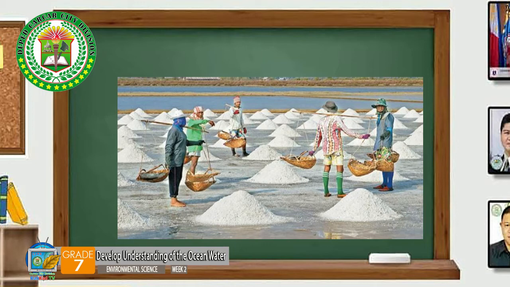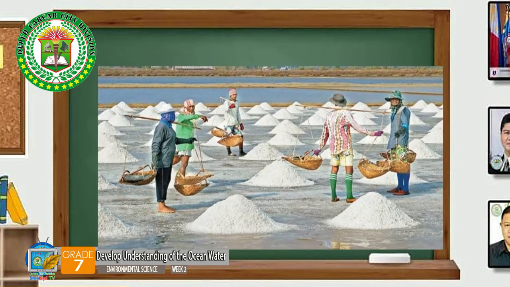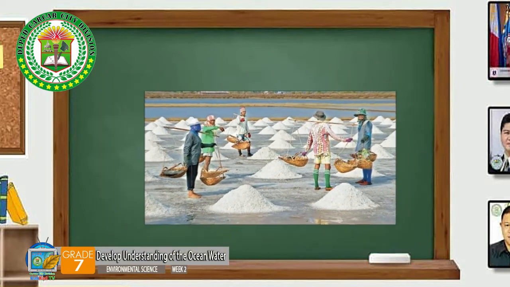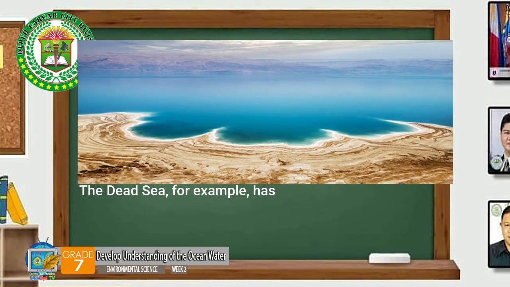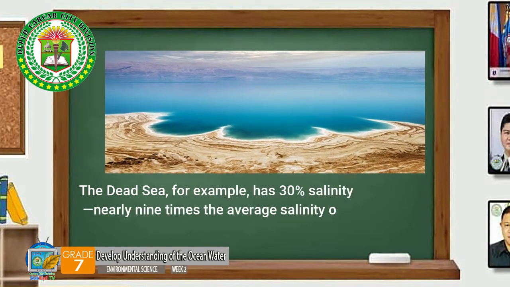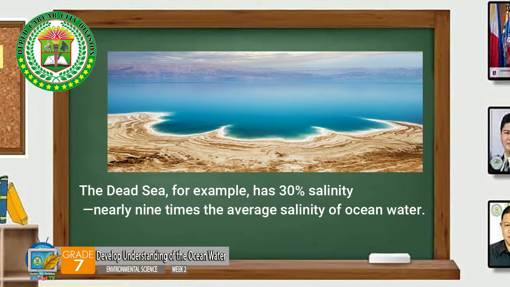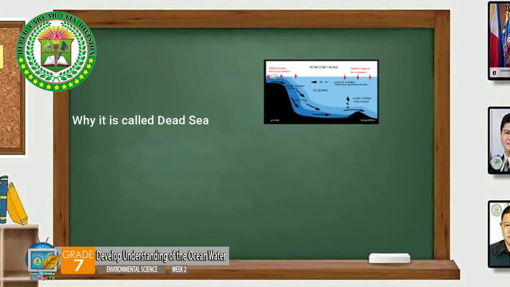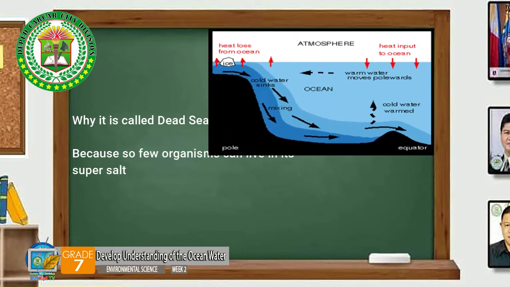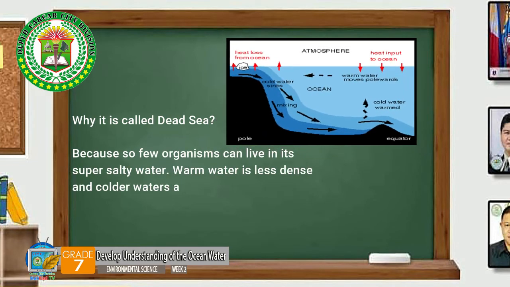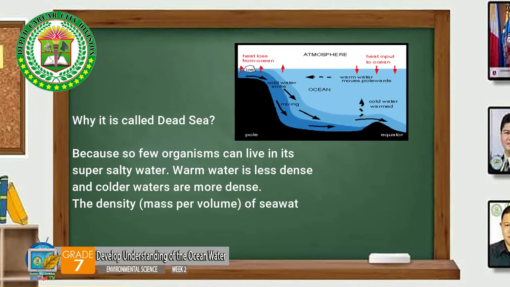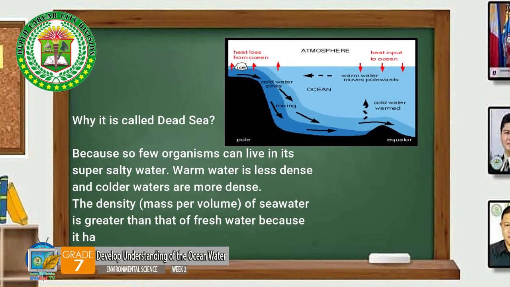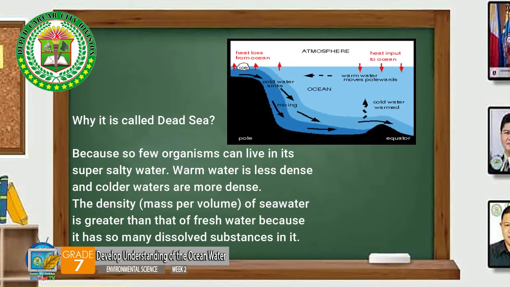The most important substance dissolved in the ocean is salt. The Dead Sea, for example, has 30% salinity, nearly 9 times the average salinity of ocean water. Why is it called the Dead Sea? Because so few organisms can live in its super salty water.